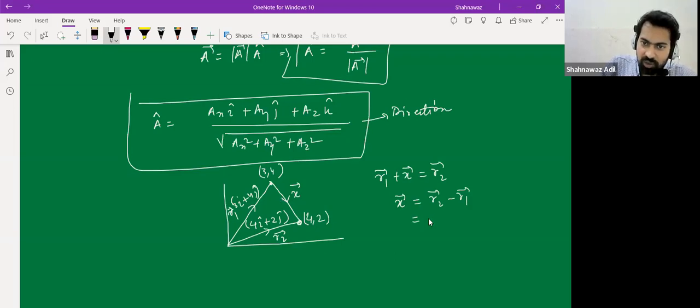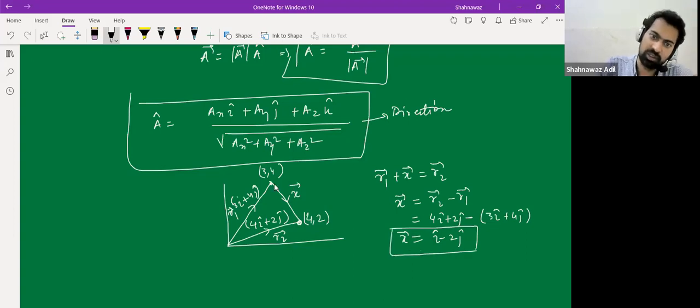This would be R2, which is 4i plus 2j, minus 3i plus 4j. So 4i minus 3i is i, and 2j minus 4j is minus 2j. So this is the displacement vector between these two points. Now do you understand? This is the displacement vector.